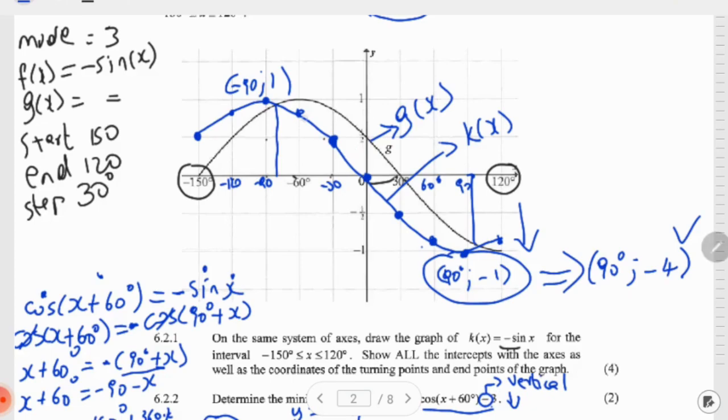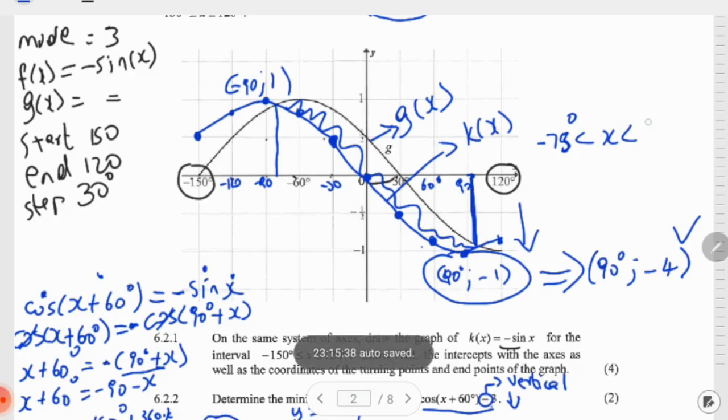So I will guess that this part here is between minus 75 and then this part here looks like 105, just after 90 before 120.